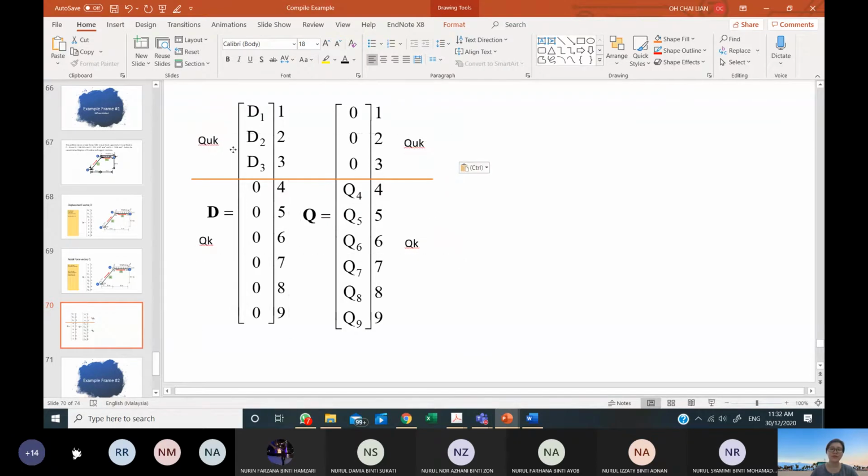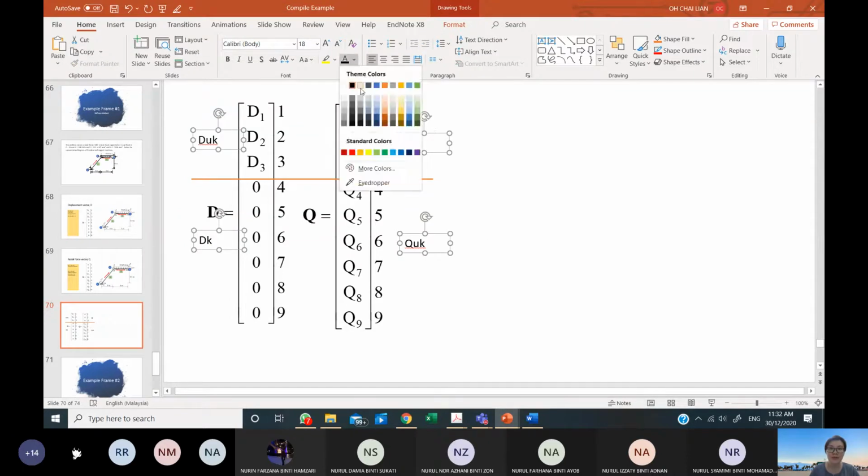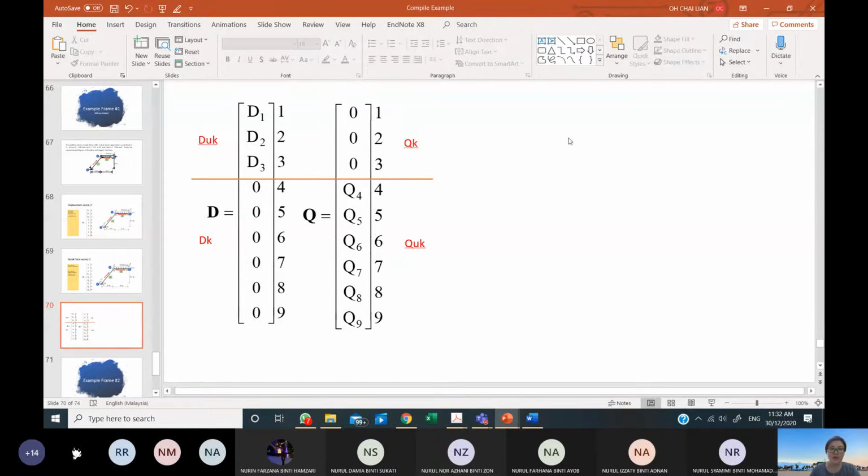You also need to check the displacement. You need to check on this partition whether your arrangement is correct or not here.